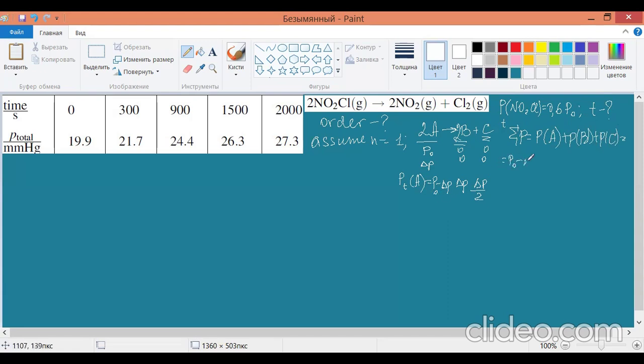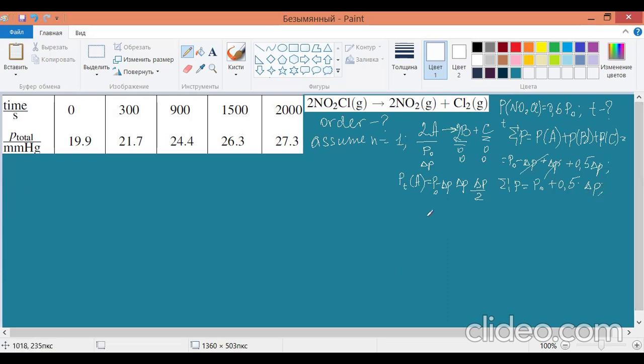It's P0 minus delta P, that's for P of A, plus delta P, that's for P of B, plus 0.5 times delta P, that's for the partial pressure of the product C. In other words, sigma P is equal to P0 plus 0.5 times delta P. Yes, it is right, because the total amount of substance of the products is going up, and for that reason the pressure goes up as well.